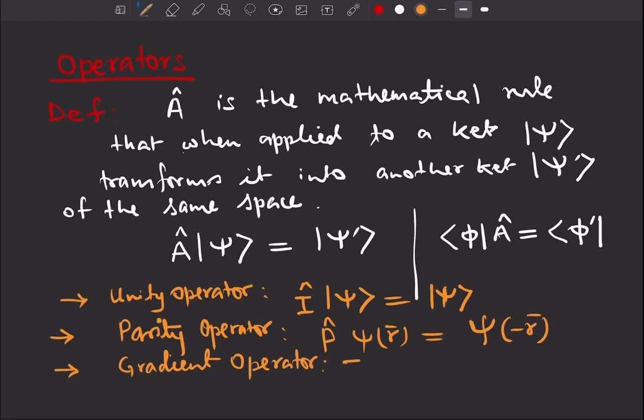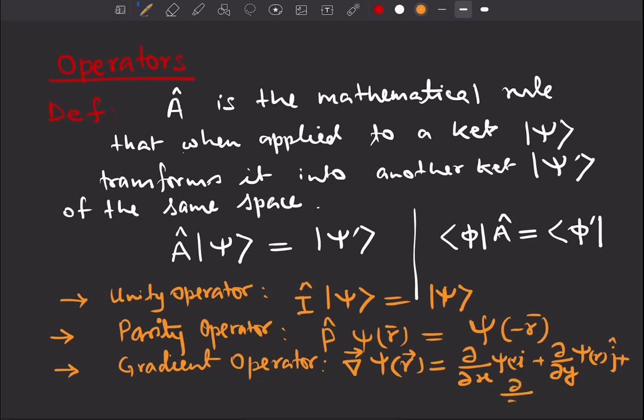The gradient operator del, if applied on a function psi, becomes del by del x psi(r) i plus del by del y psi(r) j plus del by del z psi(r) k.